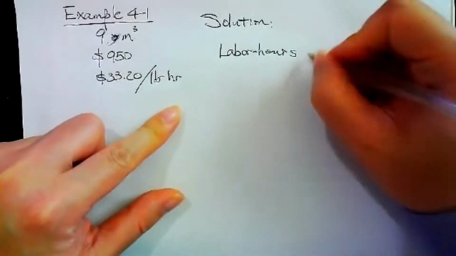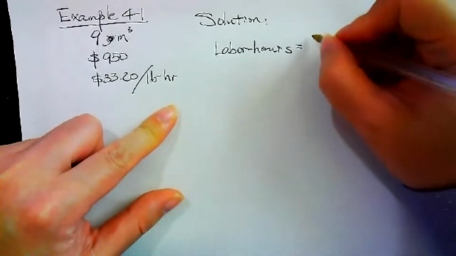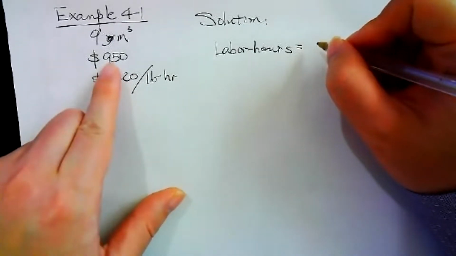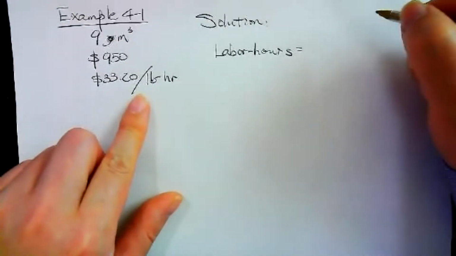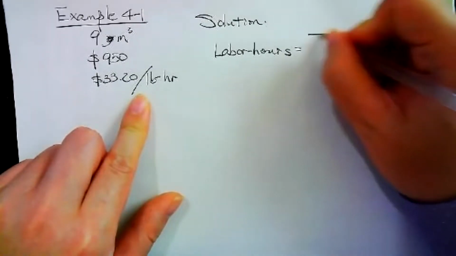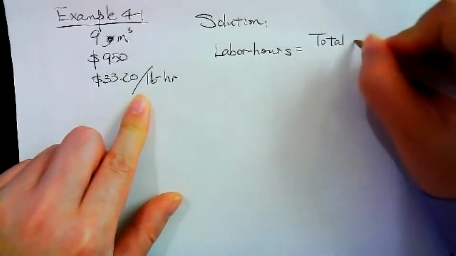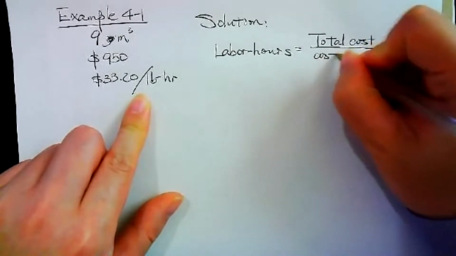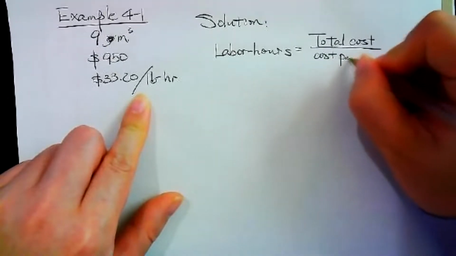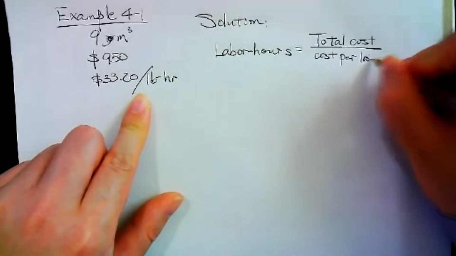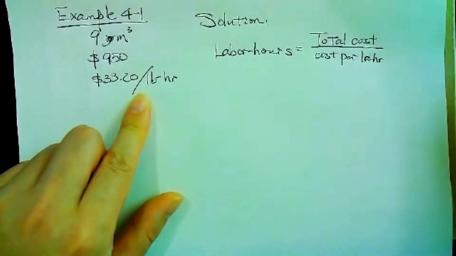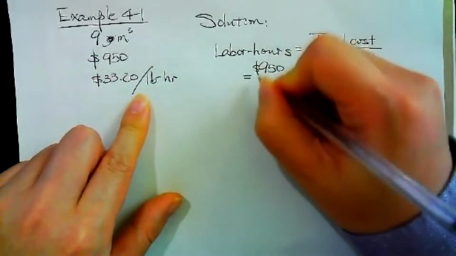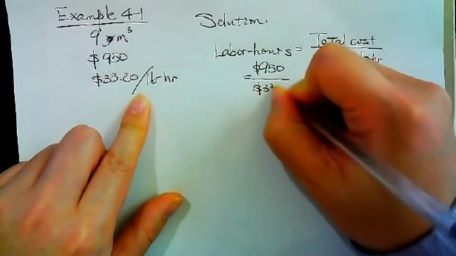The labor hours can be calculated by the total amount divided by the unit amount. This is the total cost, $950, divided by the cost per labor hour, $33.2.